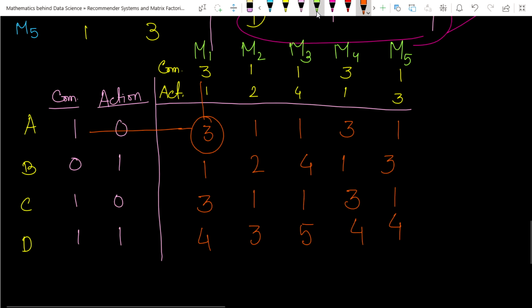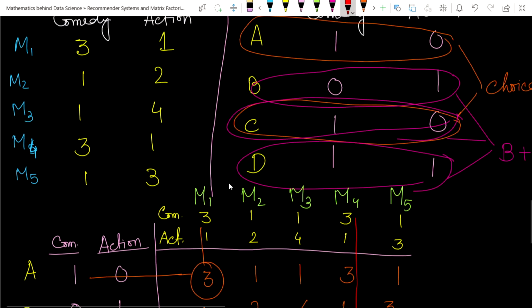So what does that mean? Just pick up any element. Let's pick up 3. This 3 is the result of the dot product of this element and this element. We got 3: 1 into 3 plus 0 into 1 gives 3. I think you got the idea of how this matrix comes about.